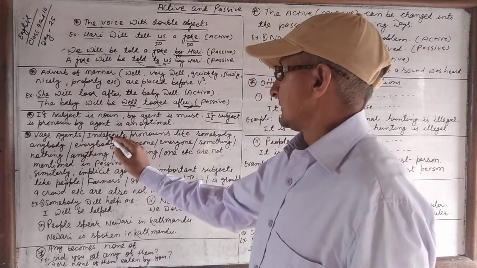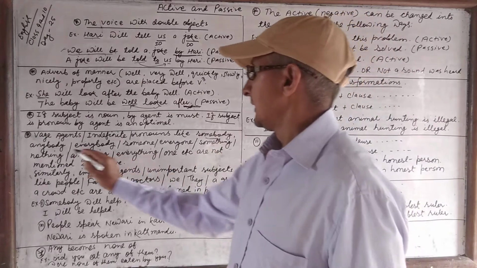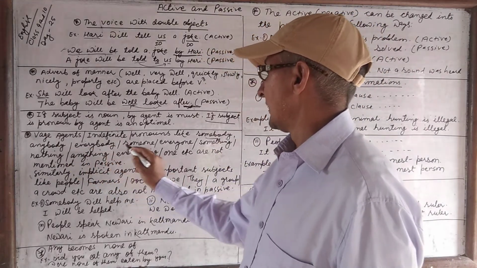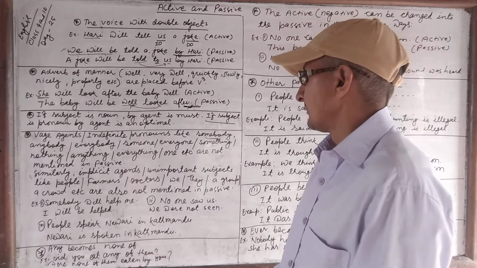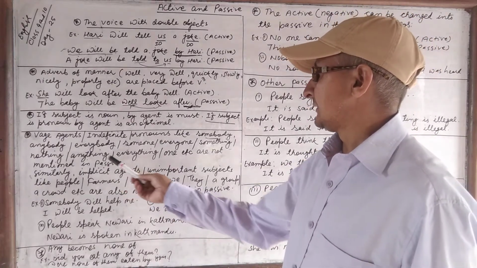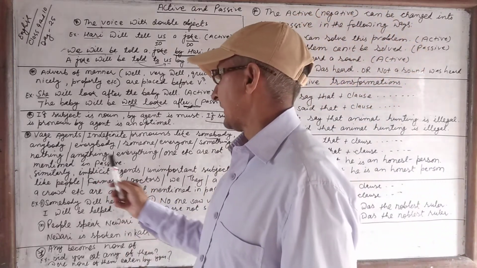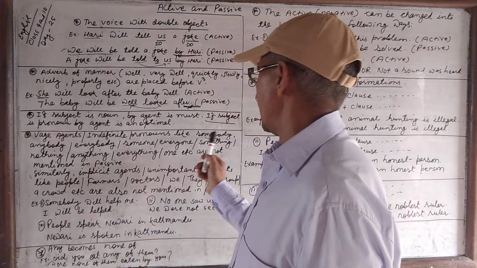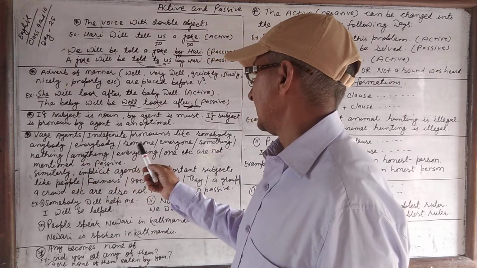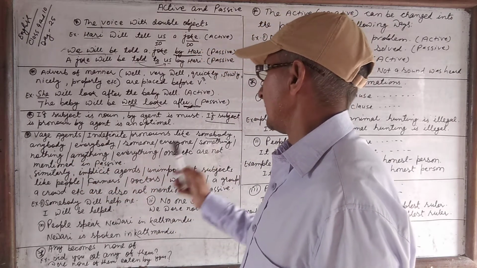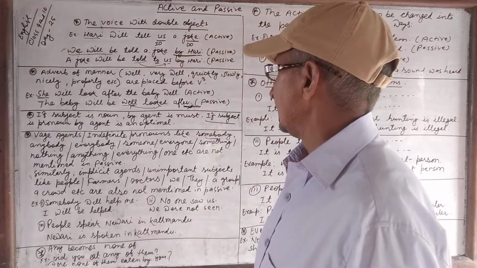Vague agents, indefinite pronouns like somebody, anybody, everyone, everybody, someone, something, nothing, anything, everything, one, etc. are not mentioned in the passive. These are the vague agents, the indefinite pronouns.